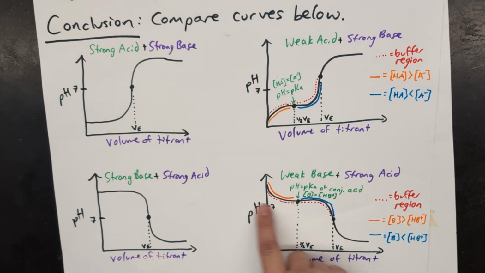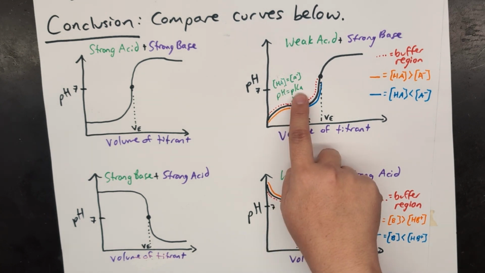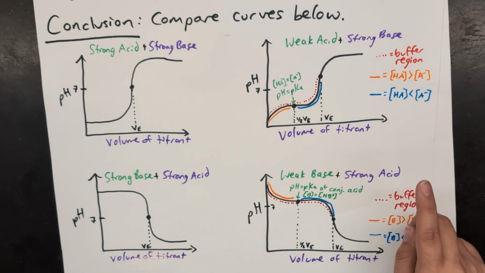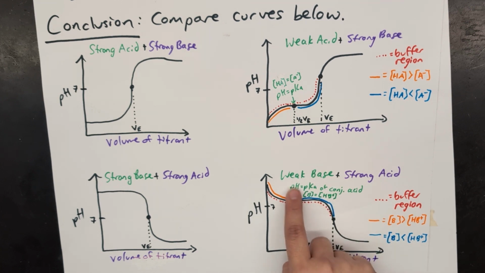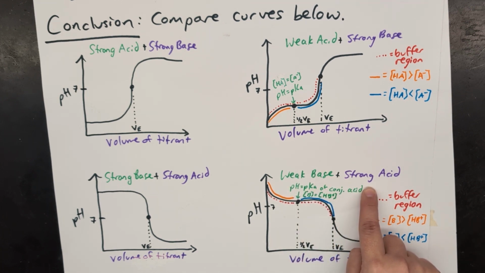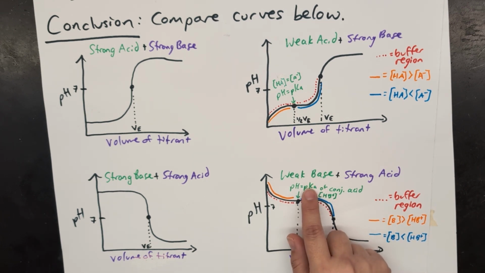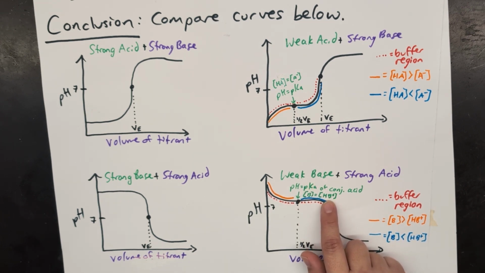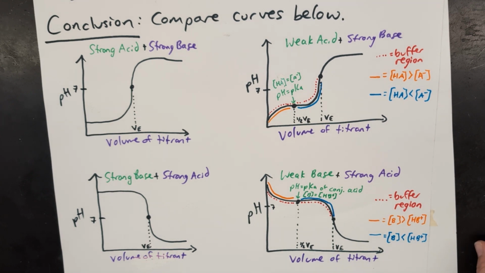Weak base with a strong acid, the pH at equivalence point will be below 7. They should also know, of course, at half equivalence point that the pH is equal to the pKa, which if you're doing a weak base, it's the pKa of the conjugate acid. So since we did ammonia in this lab, the pKa that we found was for the ammonium, which is important to notice.